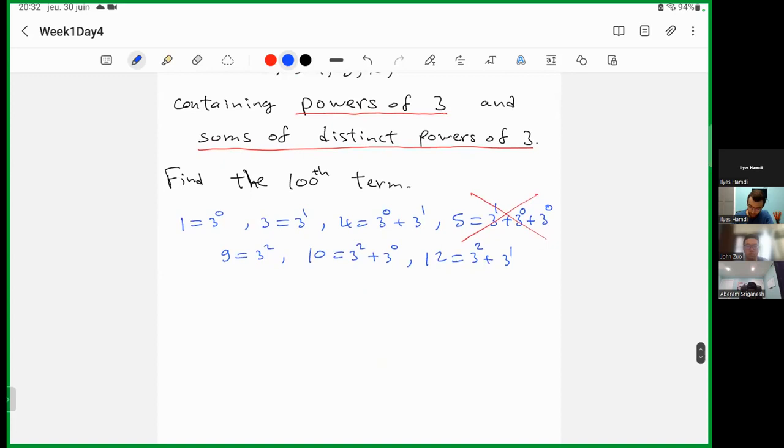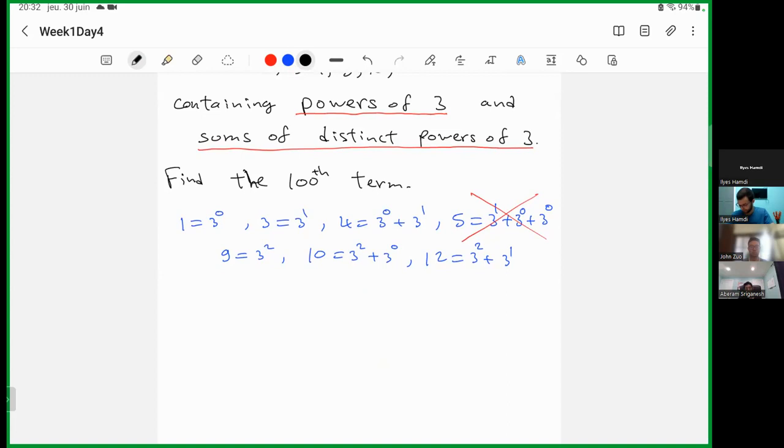But my first question to you is, can you translate basically what elements this sequence contains? Powers of 3, and sums of distinct powers of 3. So how can I express this in a good way?